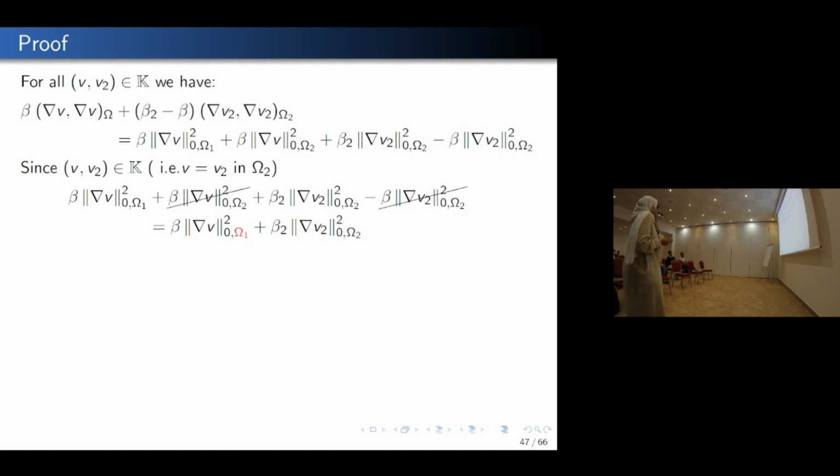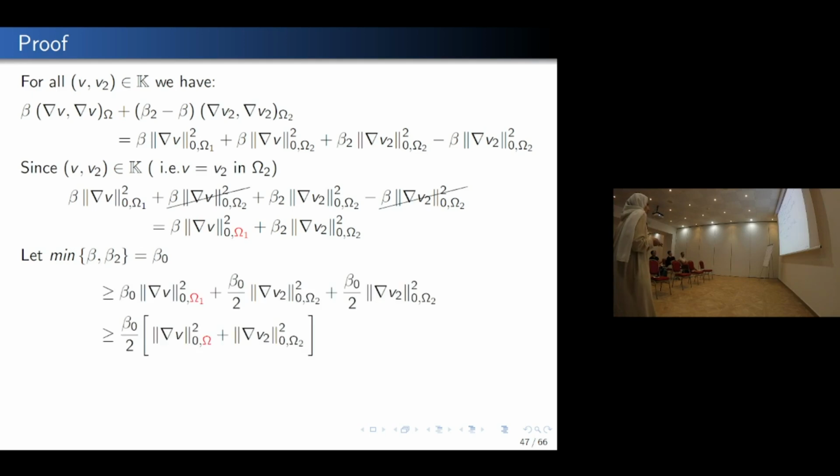The leftover is nothing but beta 1 times the L2 norm in omega 1 of grad V squared, plus beta 2 times the L2 norm in omega 2 of grad V2 squared. Now I will choose the minimum of the betas, and then I will rewrite this term as the sum of beta 2 divided by 2 twice.